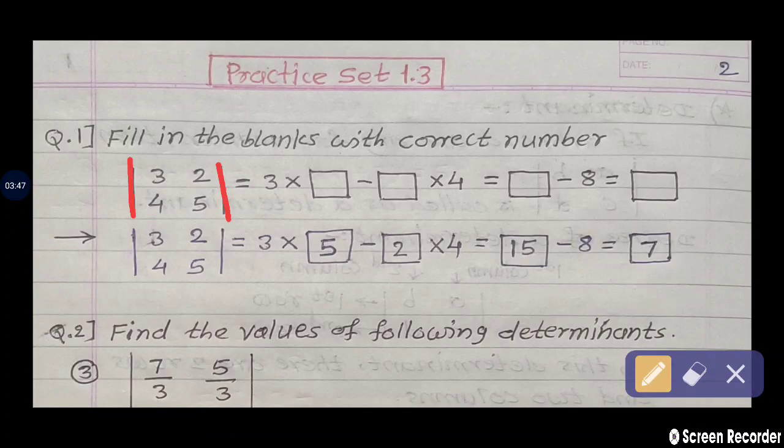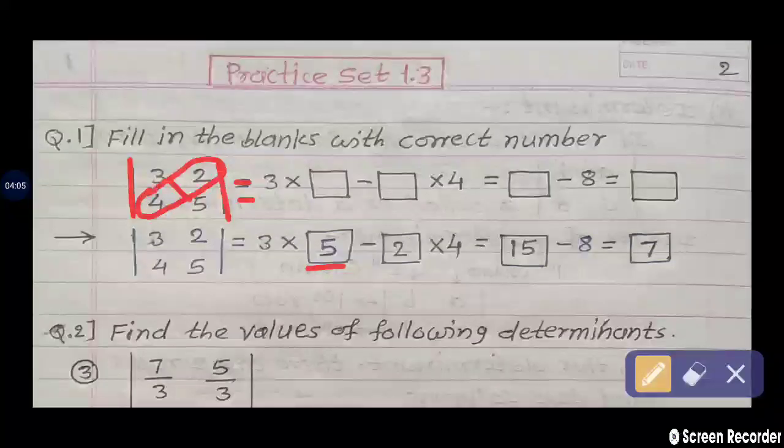So it is equal to, first cross multiplication is what? 3 multiplied by 5. So in this box, what do we write here? 5. Minus, what do we subtract? The second cross multiplication, that is 4 multiplied by what? 2.